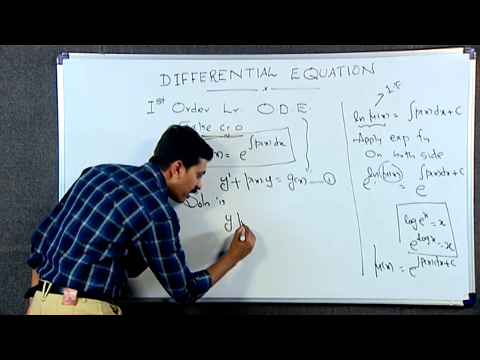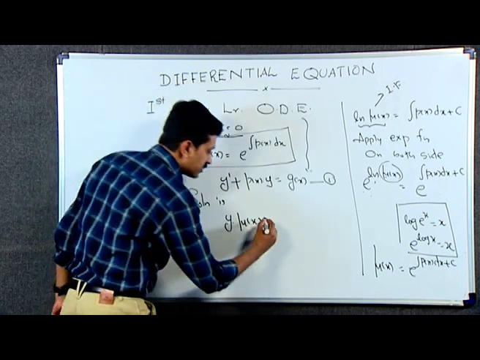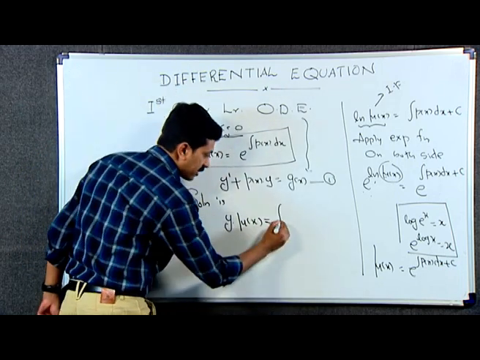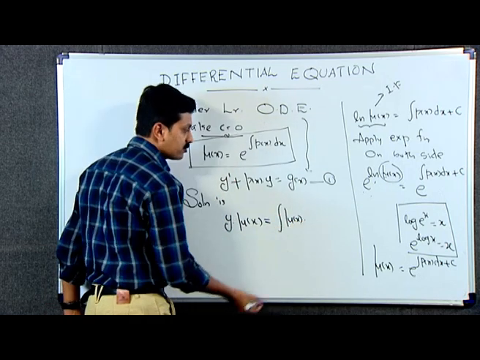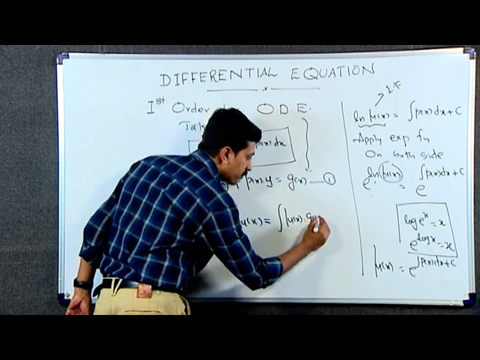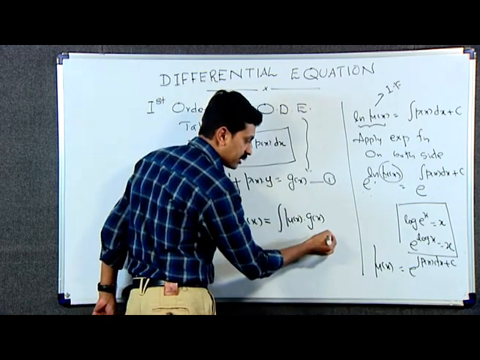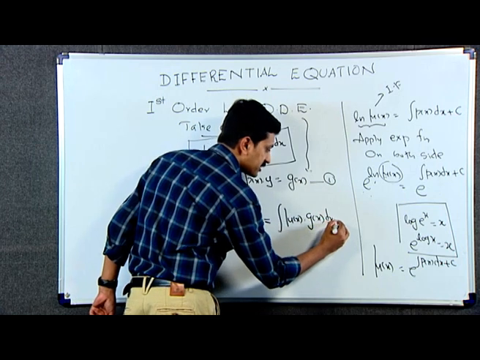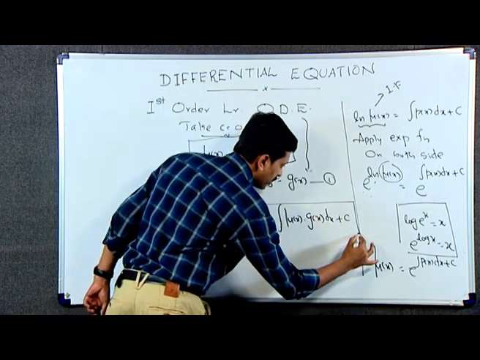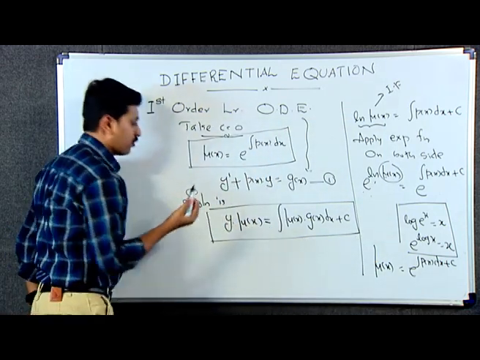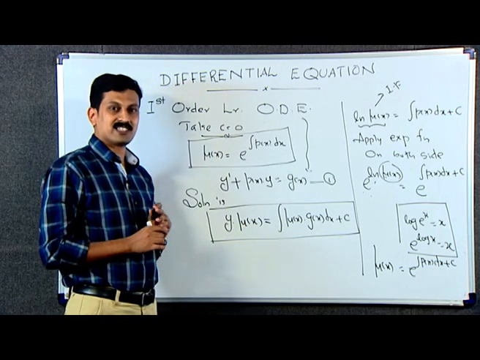And y into the integrating factor mu of x is equal to integral of mu of x, the integrating factor, into the non-homogeneous part of this first order ordinary linear differential equation, that is g of x dx plus c. By using this formula, we can solve the first order linear ordinary differential equation.